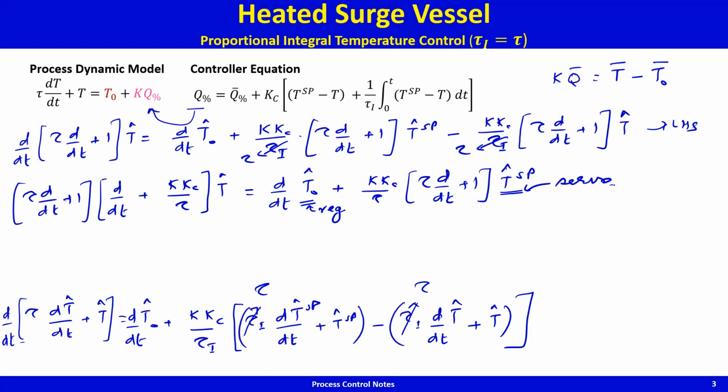Okay, now let us say we are looking at the servo response. If you are looking at the servo response, that means t naught tilde is 0. So for the servo response, this term will go to 0, and then you are left with what you are left with, and you can see that these two terms are common. Because these two terms are common, they cancel out.